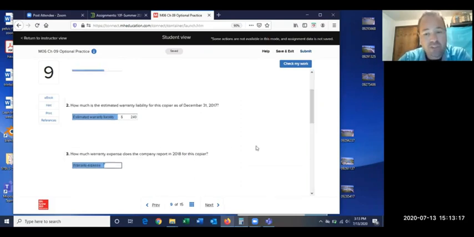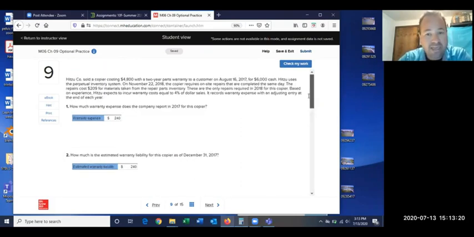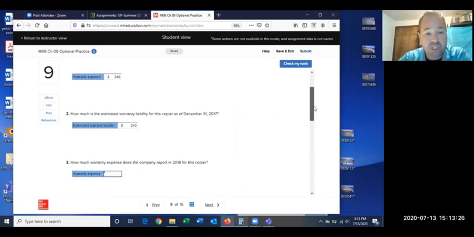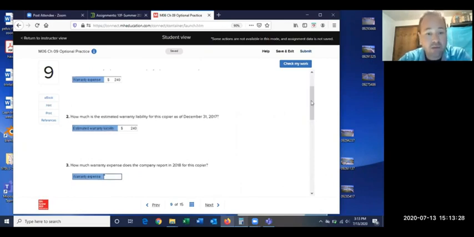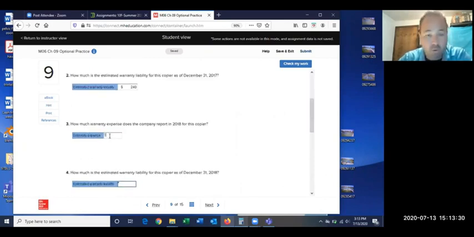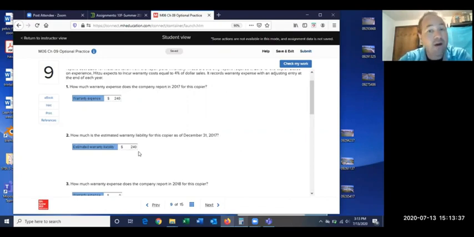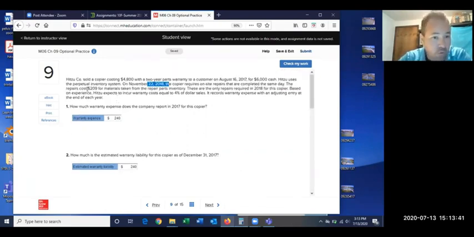And then it says, well, how much expense do I calculate for 2018 when I actually go in and do the repair? Well, I've already expensed for that machine back in 2017. So I'm not going to expense any more. I'm simply going to take away from now from the liability to pay off of that expense. So it says the actual amount was $209.